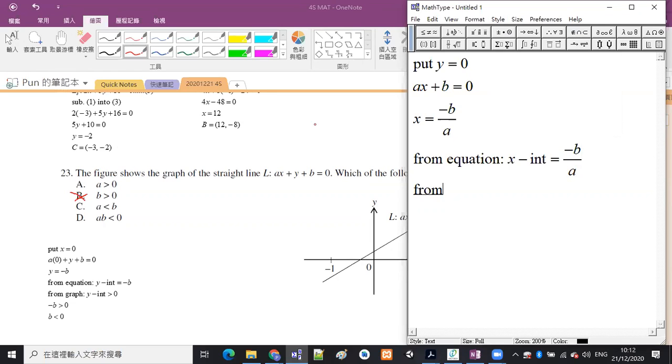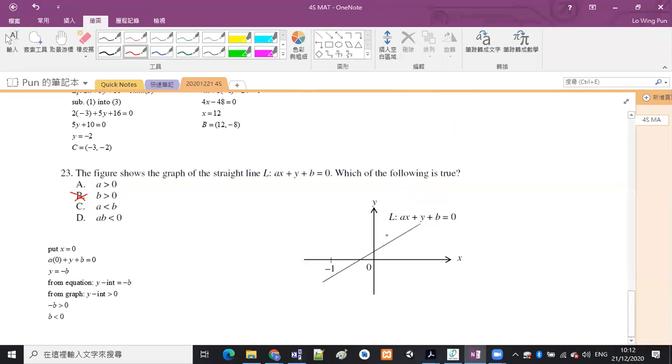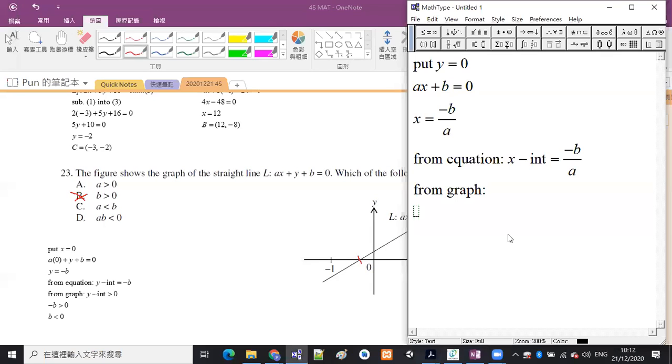Okay? And then from the graph, 呢度咧有多少少嘢。你見唔見到個 graph 咧？除咗喺個 graph 啊，我哋嘅 x-intercept 咧係邊個位嚟嘅咧？係呢個位。第一樣嘢我哋知道咧，佢係 less than 0 because it is on the left side of the y-axis.